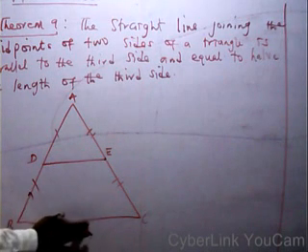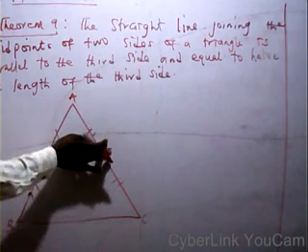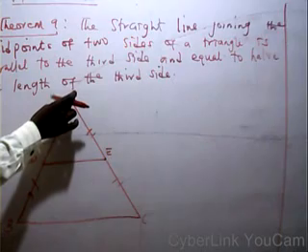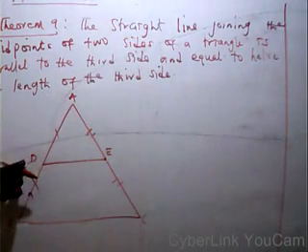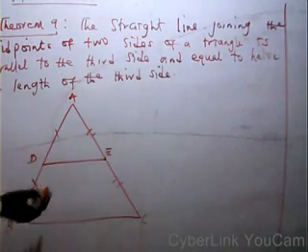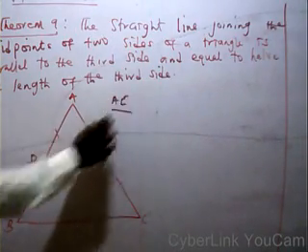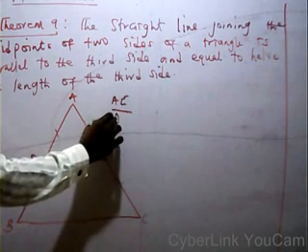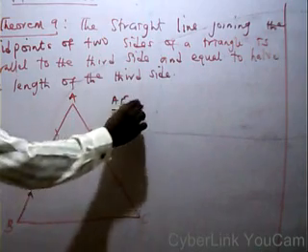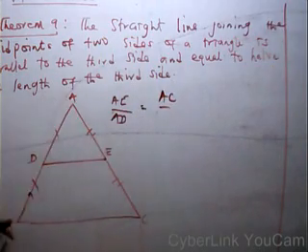And for this line, what we are going to learn from this as well is that this side AE is equal to EC. This one is given, and also this side AD is equal to AB. So by this, it means that the ratio of AE over AD will be equal to the ratio of AC to AB.